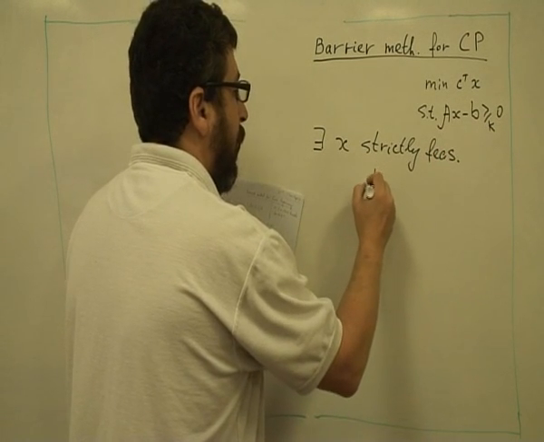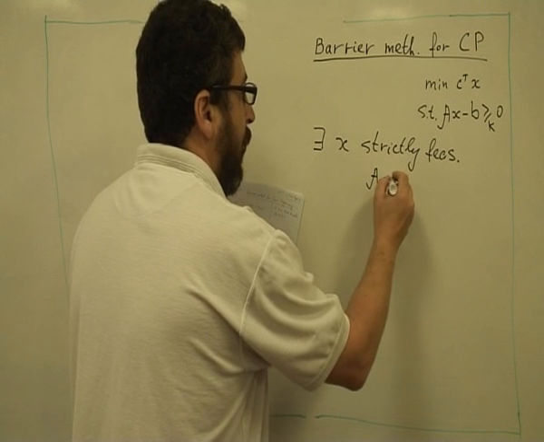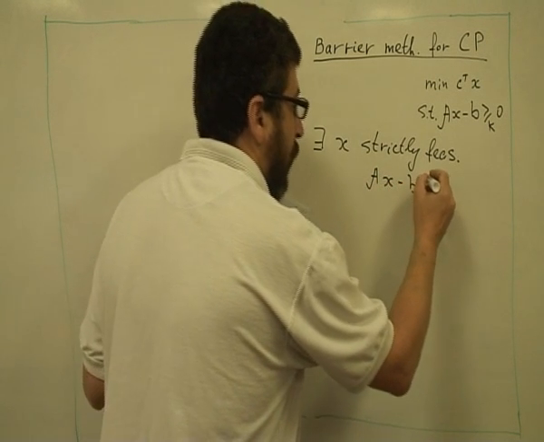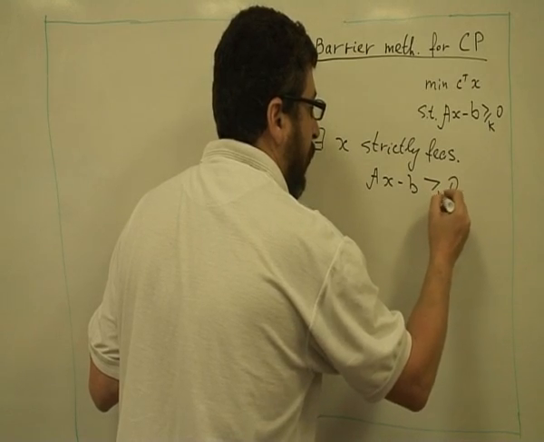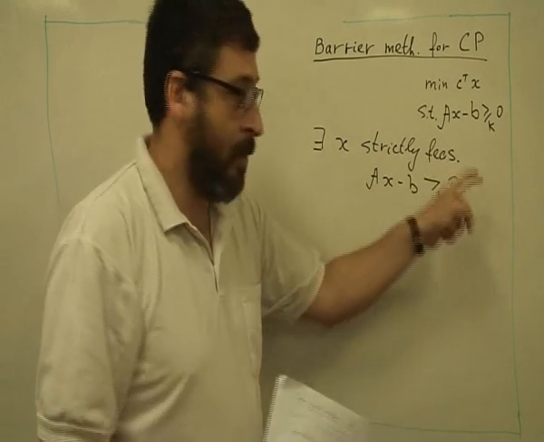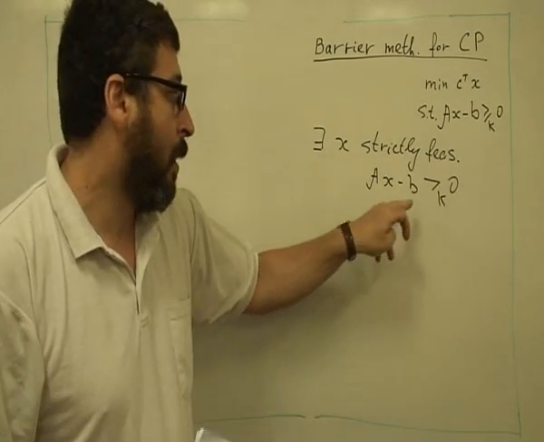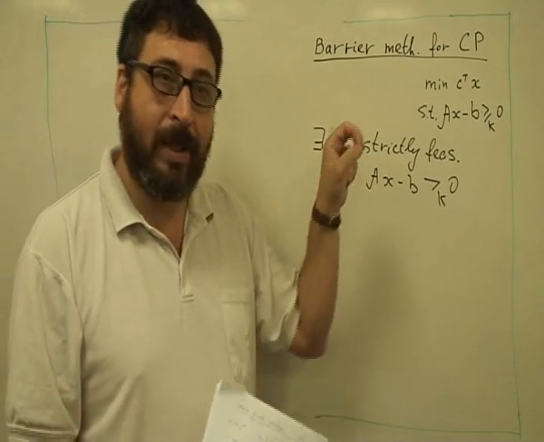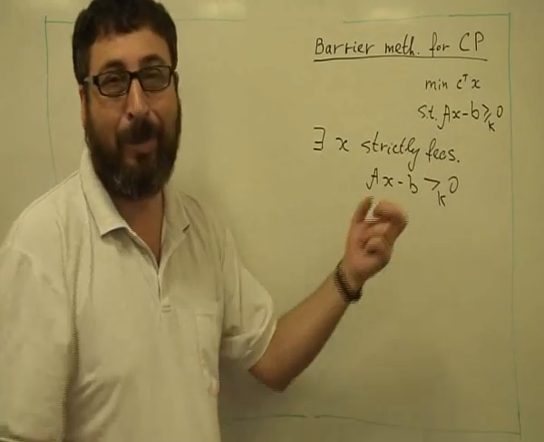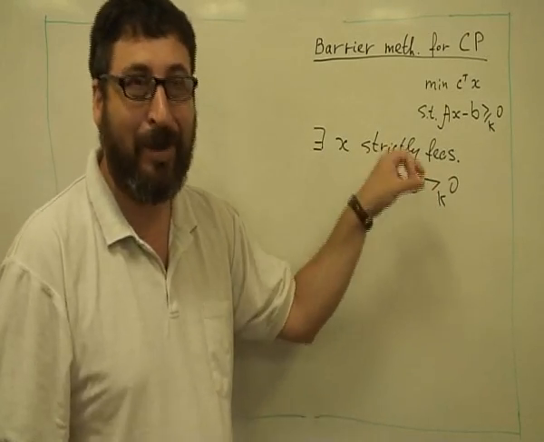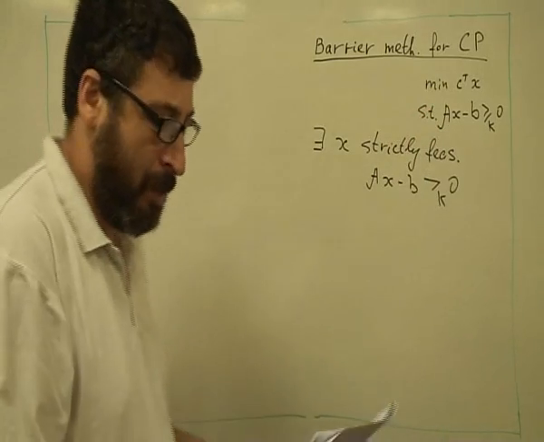which means it satisfies Ax minus b really greater than 0 in the sense of the cone, and this means that point x is strictly inside the cone. I mean there is a finite ball around x which also all belongs to the cone.